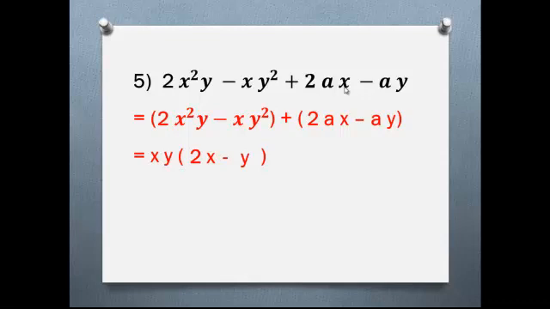The common factor in the other bracket is a, so the expression will be 2x minus y. The common factor between the two terms is 2x minus y, and the other factor will be xy plus a.